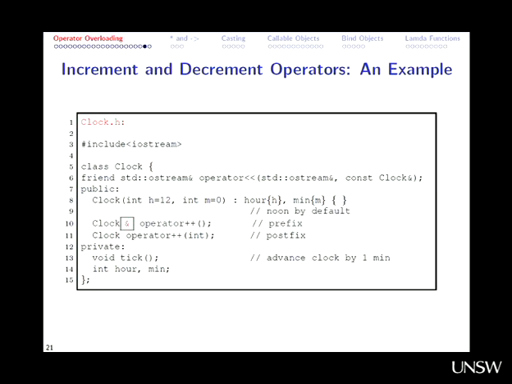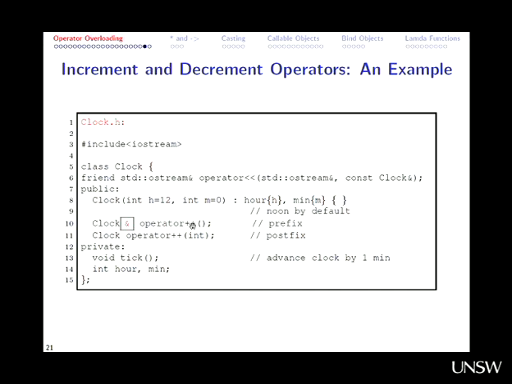And so we can overload these things as well. Here in this example, we have a clock, and this clock is going to tick. This clock can also be changed by clock plus plus or plus plus clock. The prefix returns a reference, because it's returning an L value reference. The postfix returns a value, so the R value.